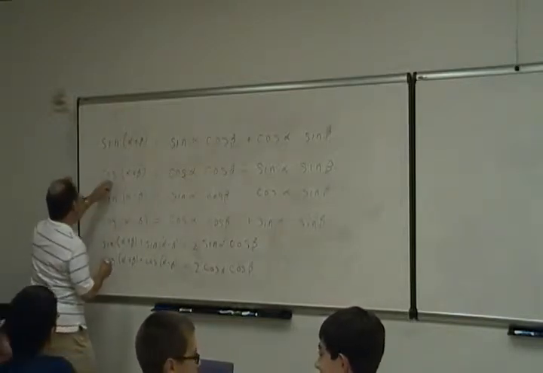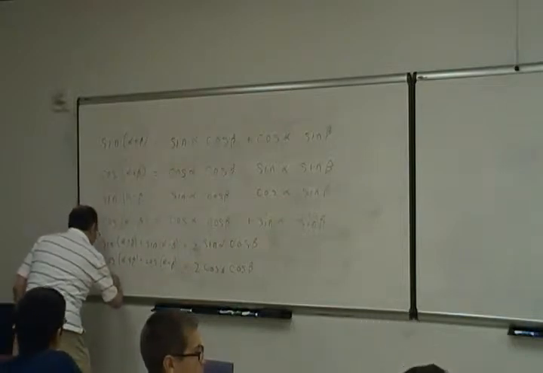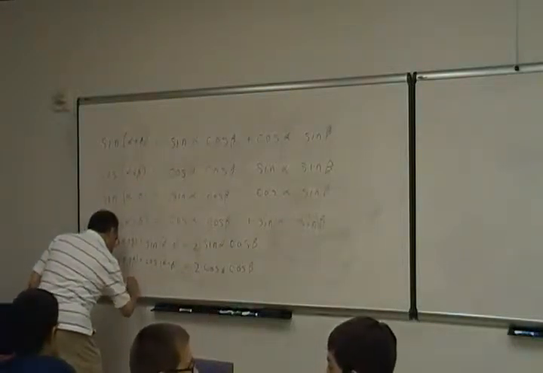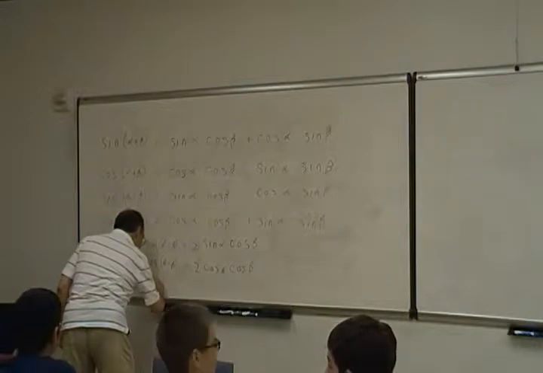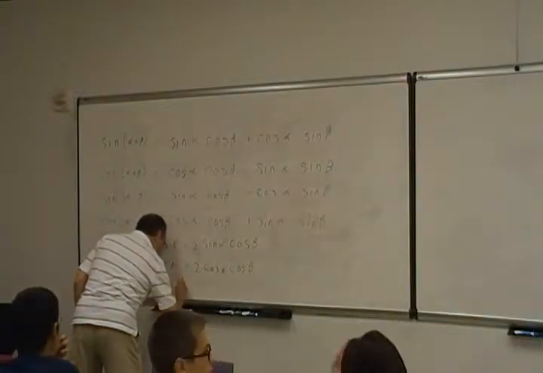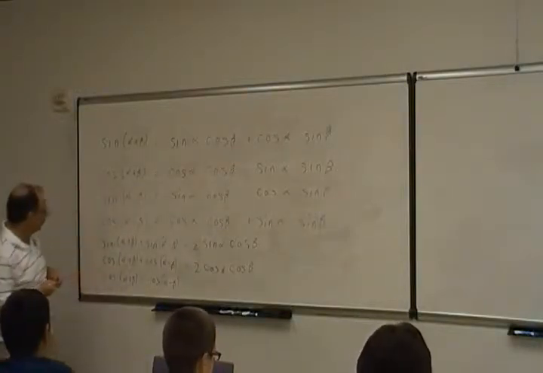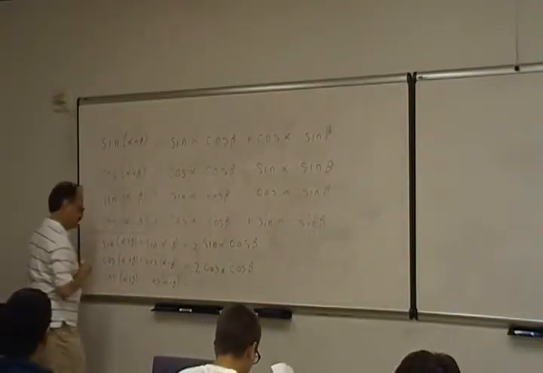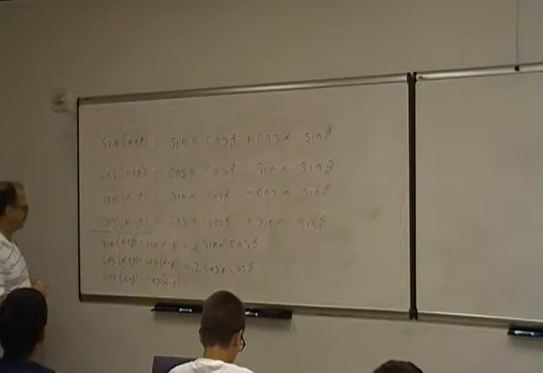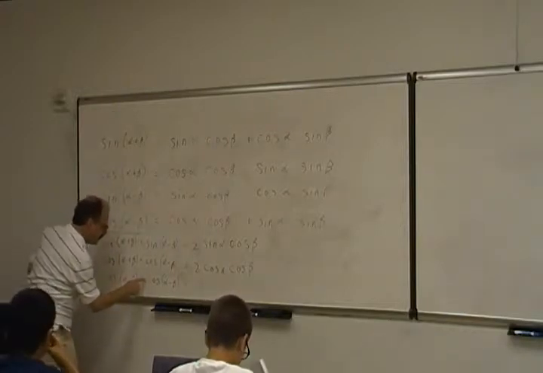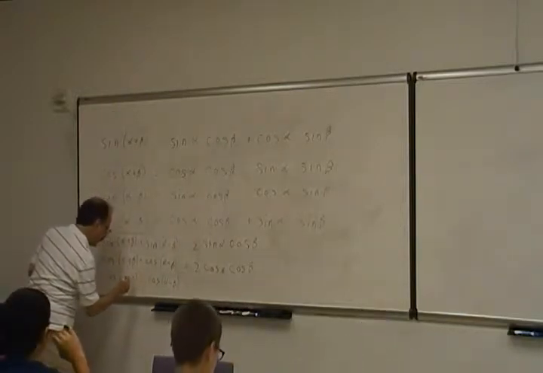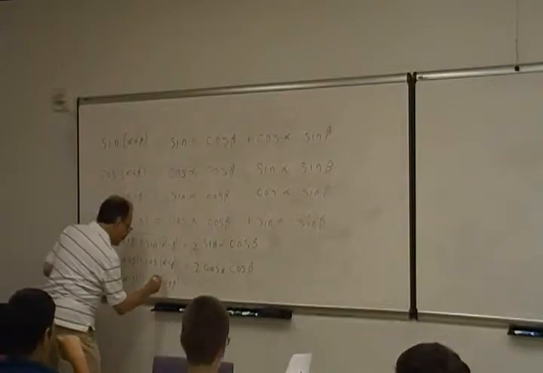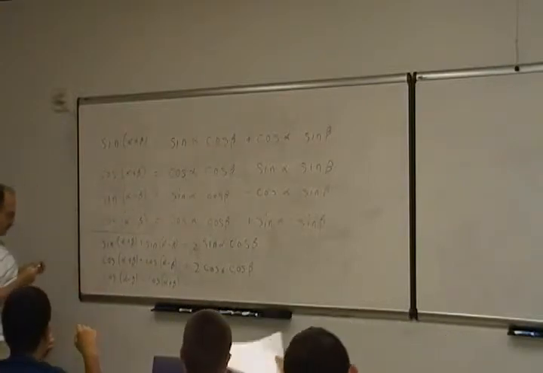Okay? So then we do cosine of alpha plus beta minus cosine of alpha minus beta equals, right? Actually, you do it the other way around. Cosine of alpha minus beta minus cosine of alpha plus beta.